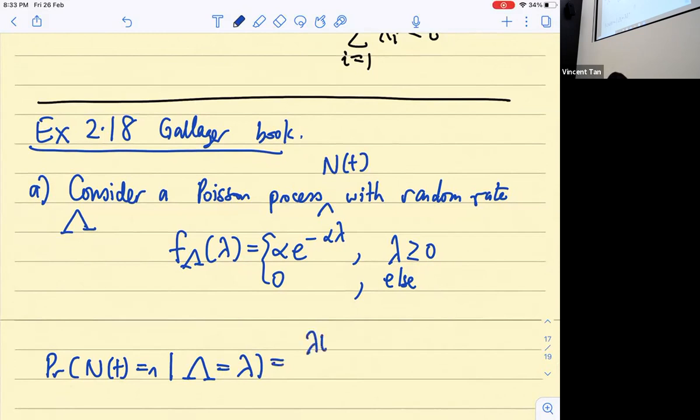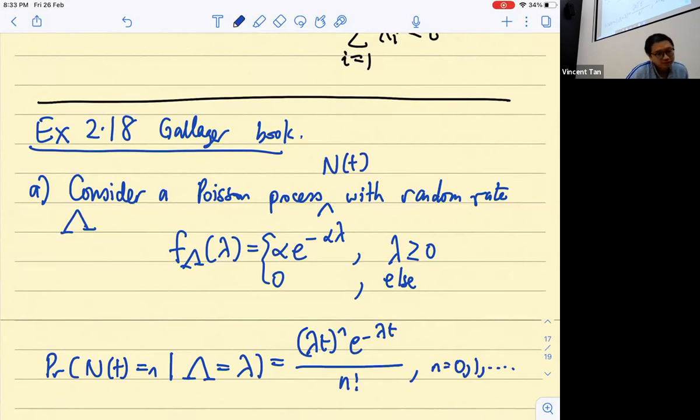This is lambda t to the power n e to the minus lambda t over n factorial, for n running from 0 upward. It is a matter of understanding the question. Any questions? Any questions from the Zoom people? This is the warm-up. Now we go into the exercise.